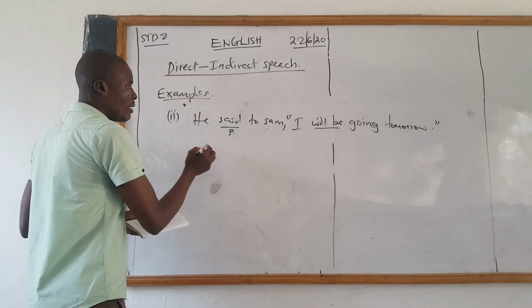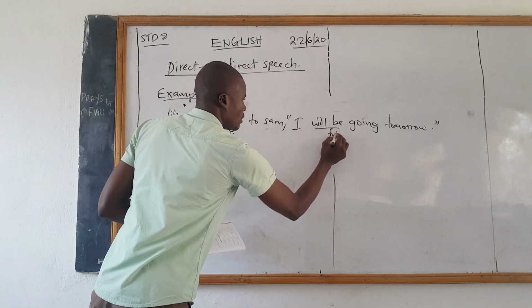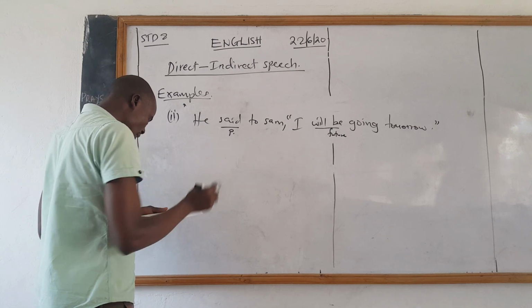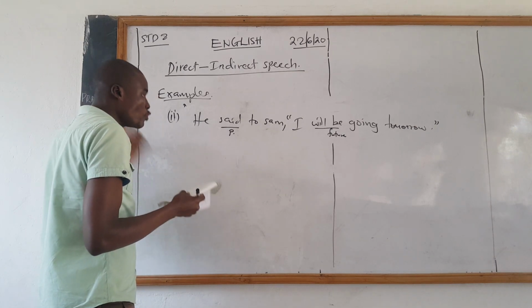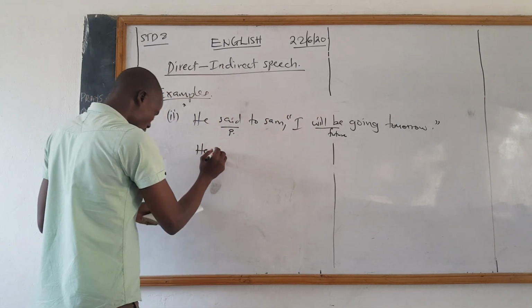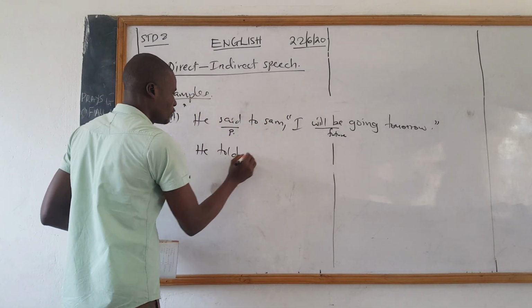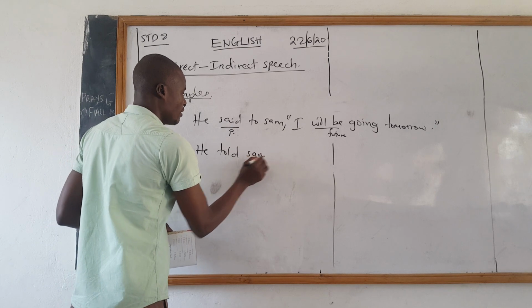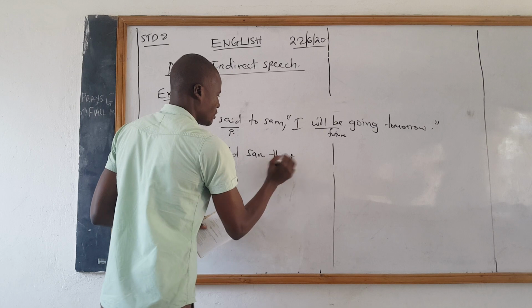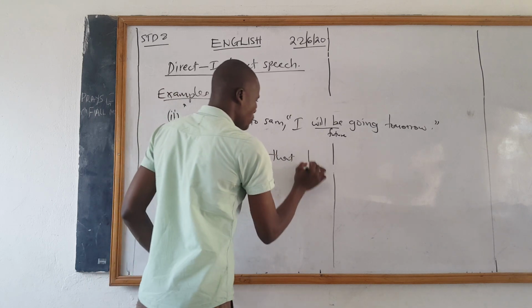So we will come and say now, he told Sam that he would be going. So will tends to be would now. He told Sam that he would be going.